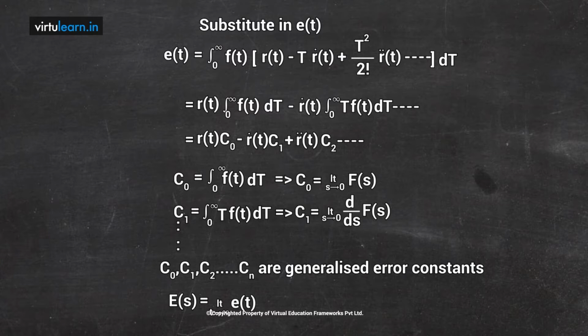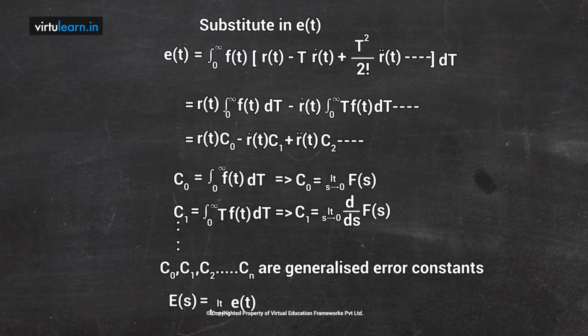Now this integration I want to push to every individual term. So we can easily write e(t) is equal to r(t) times the integral from 0 to infinity of f(T) dT, minus r dot(t) times the integral from 0 to infinity of T f(T) dT, and so on. Now these individual integral terms I am assuming as constants.